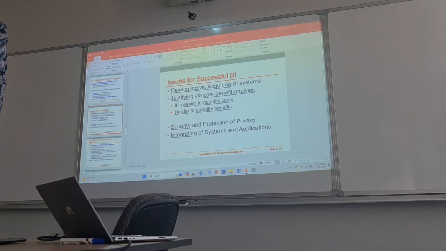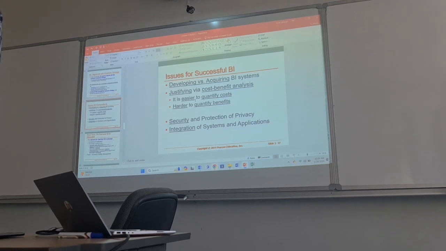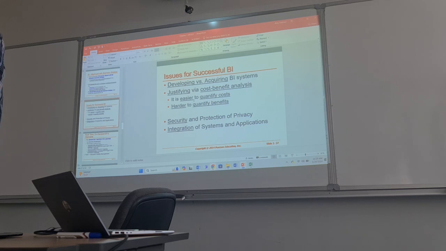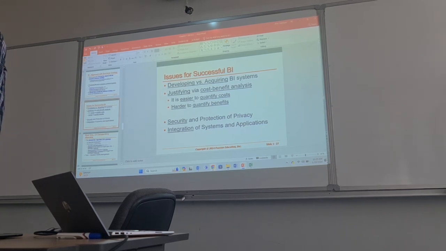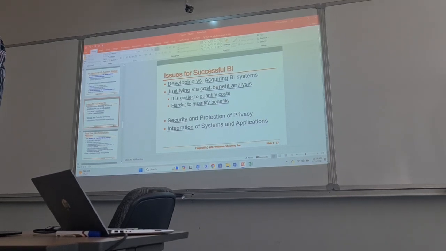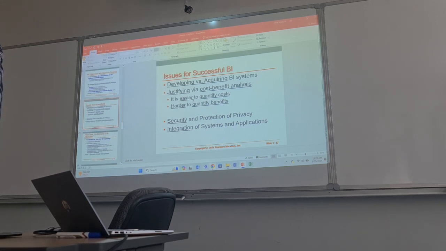If my cost is this much and my benefit is this much, but my cost is this much and my benefit is this much, which one will you pick? The second one. So it's not just the cost alone. You have to see the net gain, right? Sometimes you're spending more, but the gain you get is far more than with the solution you're able to buy at less cost.